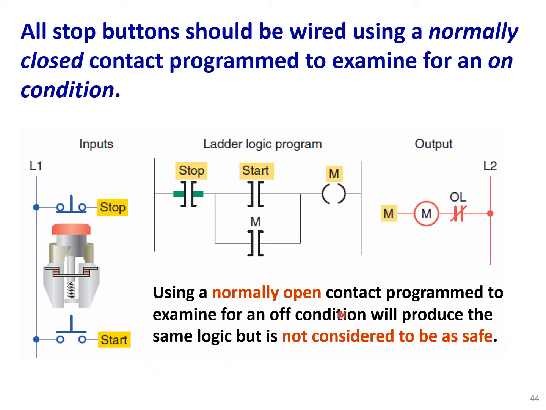Okay, so we are in safety considerations, and you see that the stop buttons should be normally closed. And when we engage them, when we press them, for example, it will open the circuit.